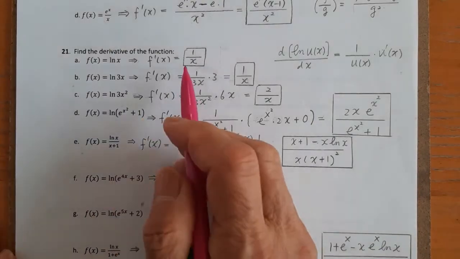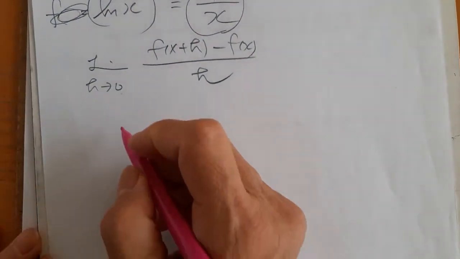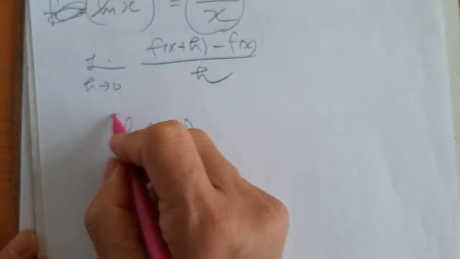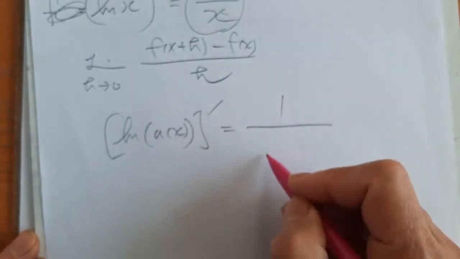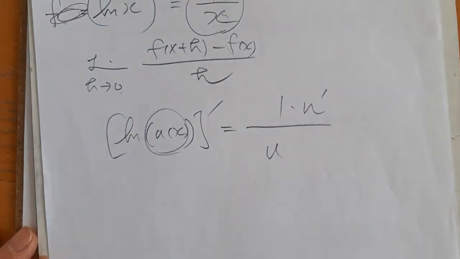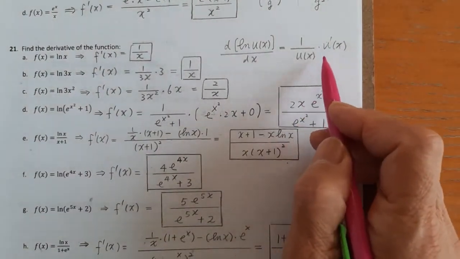And then, put it in general, if ln u of x take derivative, first of all, according to this, it is 1 over u, and times by the chain rule inside take derivative, u prime. So it's going to be this one.